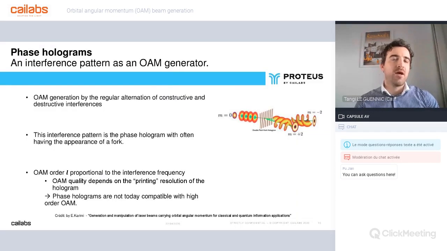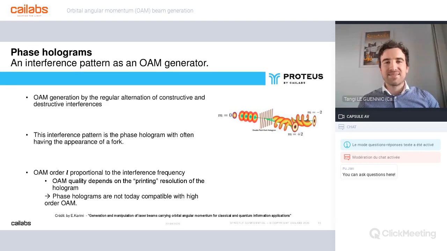Phase holograms. Using a diffraction grating, it's possible to generate OAM by the regular alternation of constructive and destructive interferences. This interference pattern is called a hologram, and the representation of a phase hologram printed on a transparent medium has the appearance of a kind of fork. The quality of the OAM formed by this type of element is correct when we have to generate low-order OAMs.